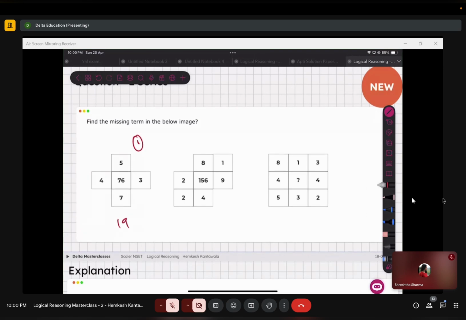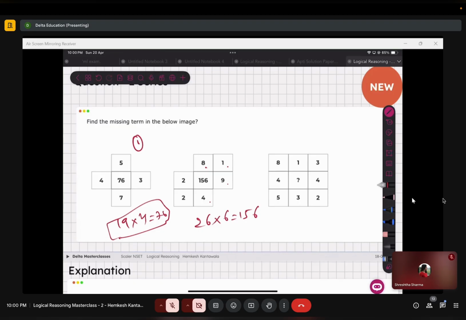And 19 times 4 is 76. And in the second diagram, when I added them, I get 8 plus 1, 9, 9 plus 9, 18 plus 4, 22 plus 4, 26. And 26 times 6 is 156.